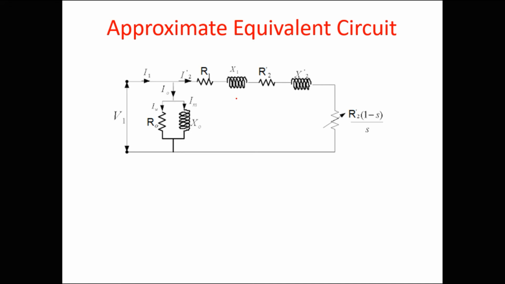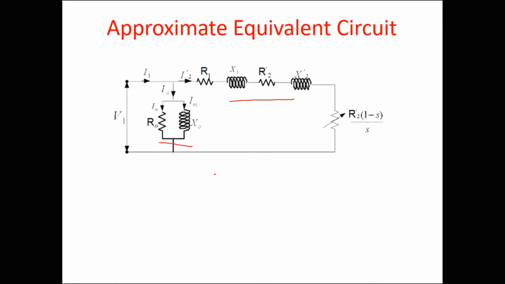So we are rearranging the loss component and winding component. We can call this loss component a shunt parameter and this a series parameter. It means we are combining all the series parameters together and the shunt parameters together. So this is what happens in the approximate equivalent circuit.